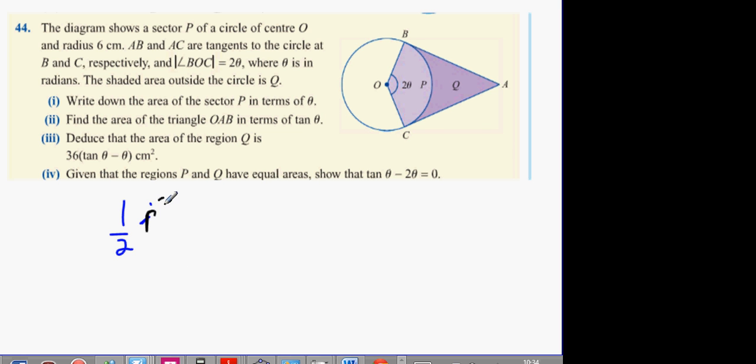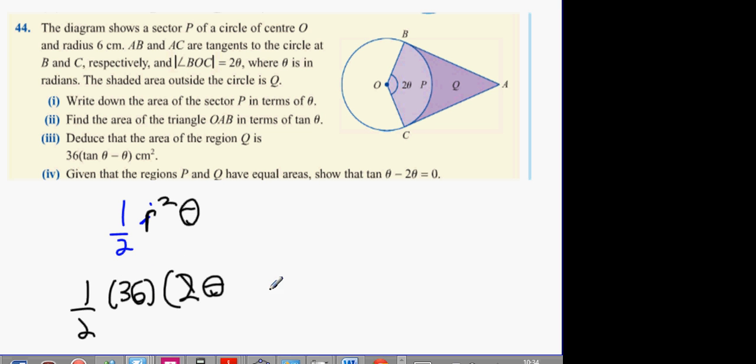But in this case we don't have theta, we have 2 theta. So it's going to be a half r squared 2 theta. Now what's r squared? Anybody? It says it here. 36. A half 36 times 2 theta, 18 theta.